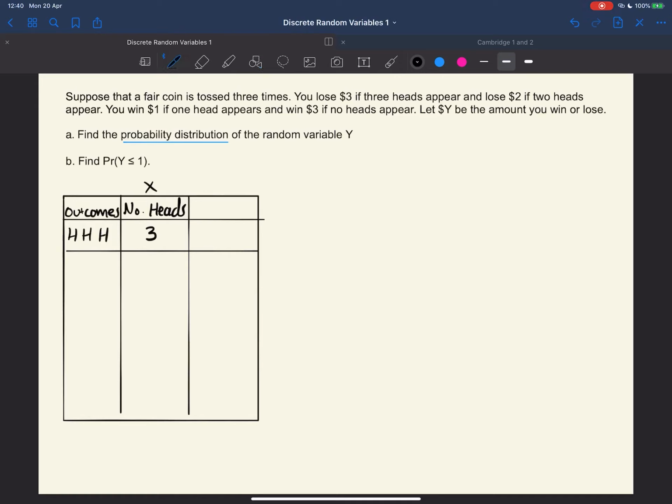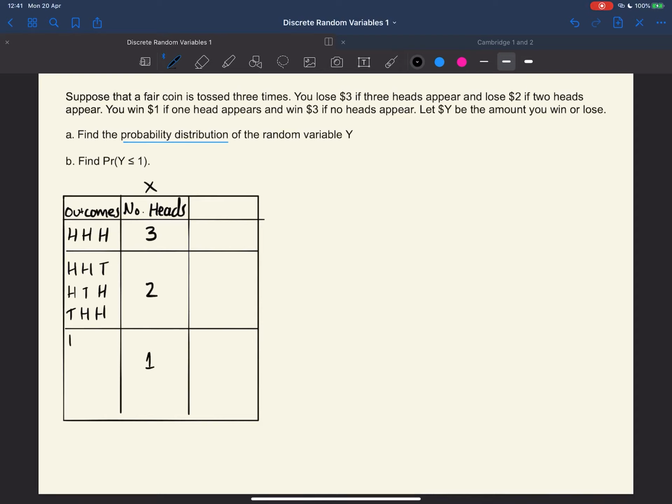Okay, what about when you get 2 heads? Well, the combinations must be heads, heads, tails; heads, tails, heads; and tails, heads, heads. Each one of those combinations has 2 heads. Let me go ahead and just put that 2 in the middle here. What about 1 head?